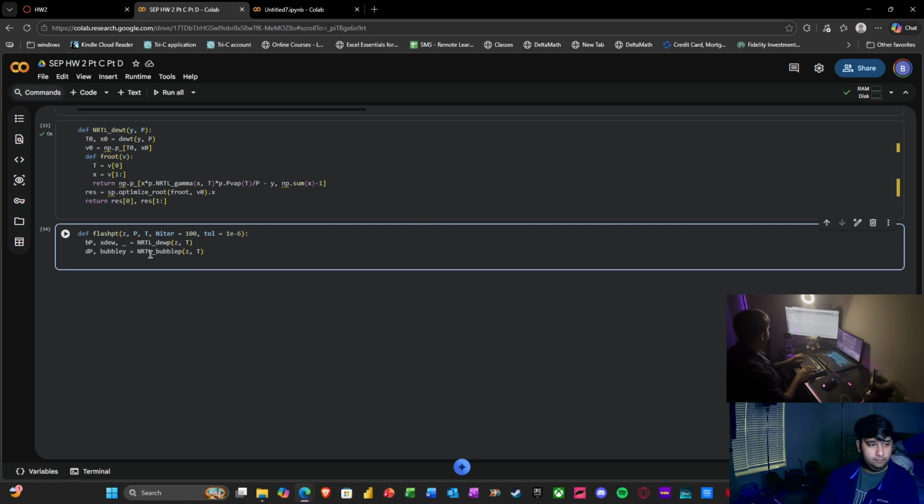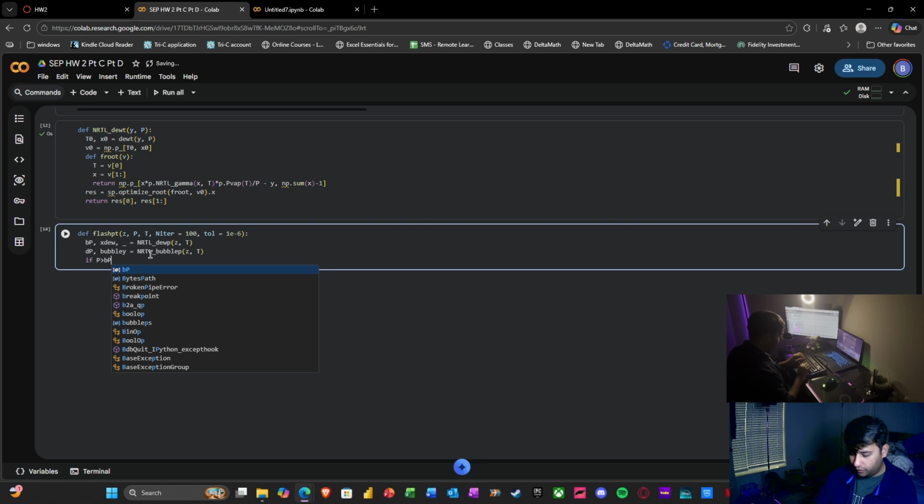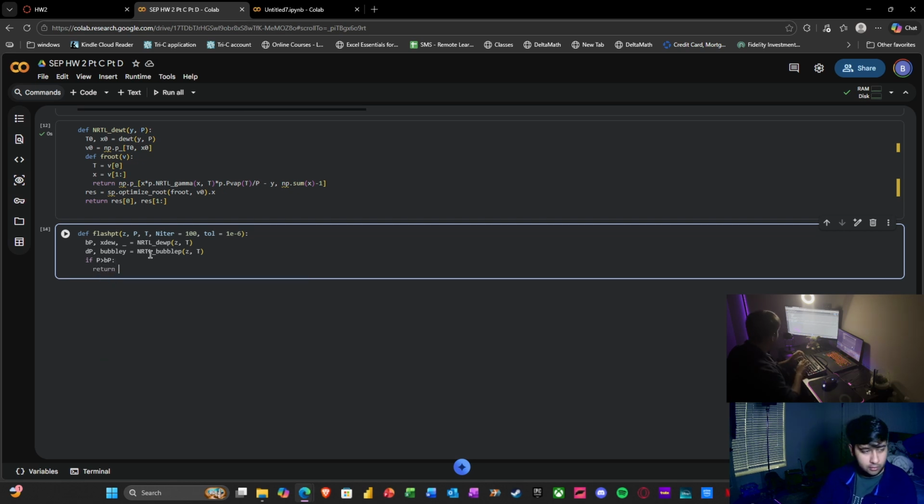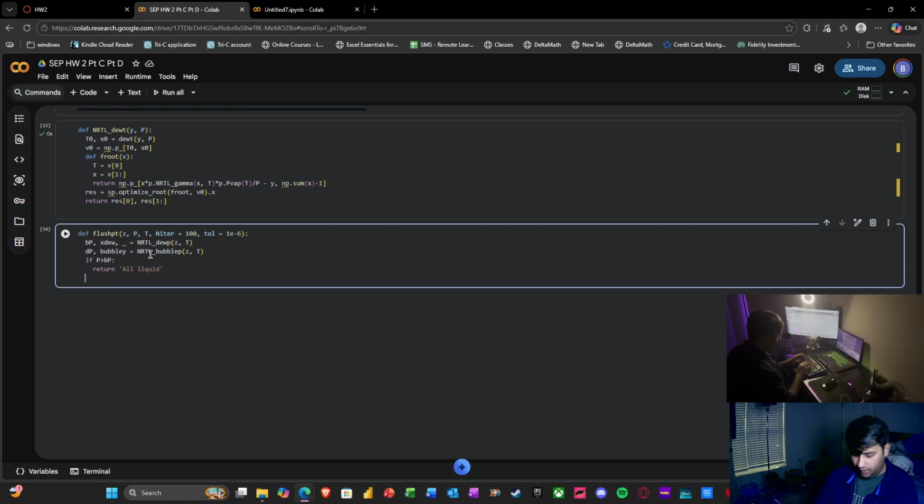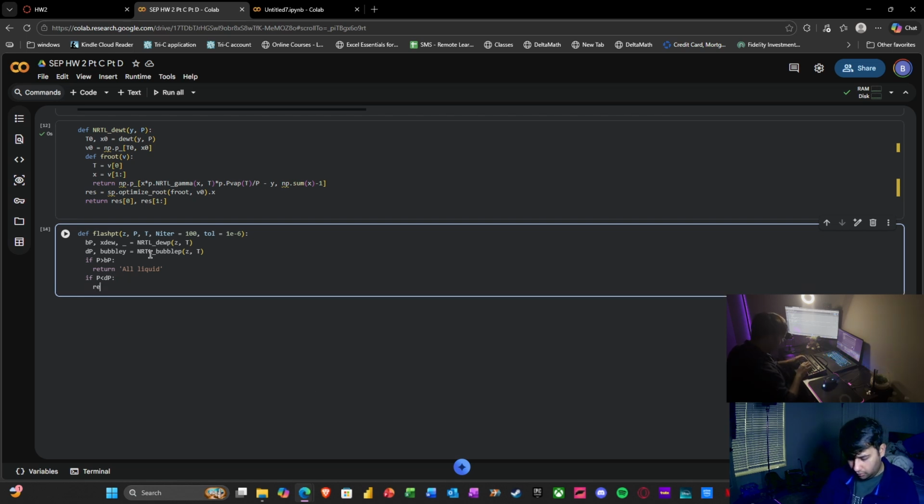Then we want to put in a few if statements, and we used this before. If our pressure is greater than our bubble pressure, then we're going to return with all liquid. And if our pressure is less than our dew pressure, then we will return with all vapor.